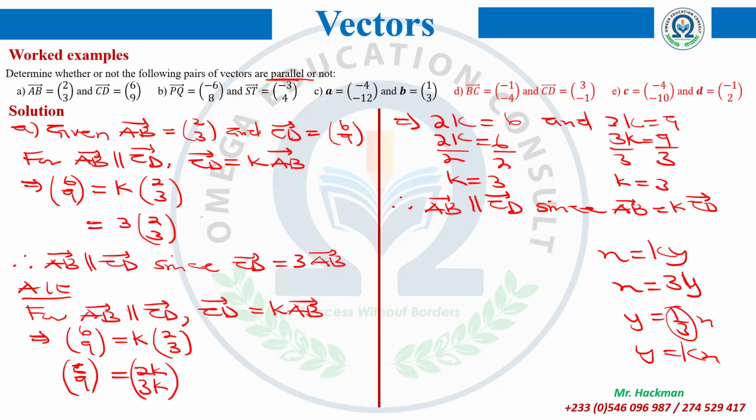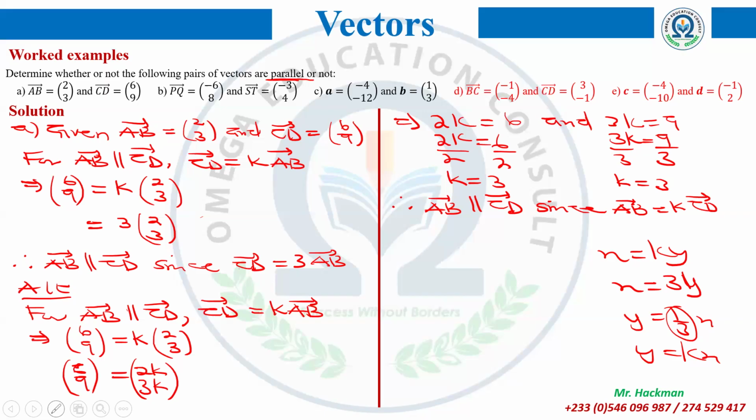Let me show you. You said if x is equal to 3y, that means y will be the inverse of x. Did I say that?